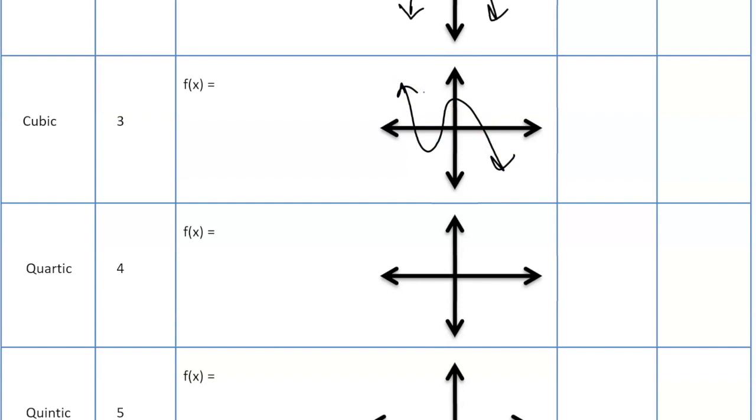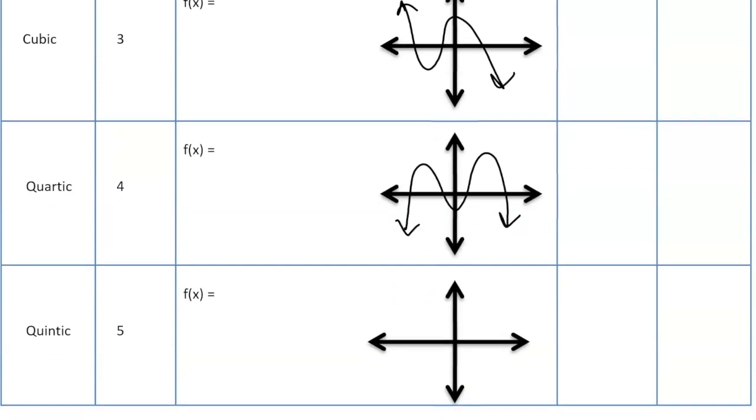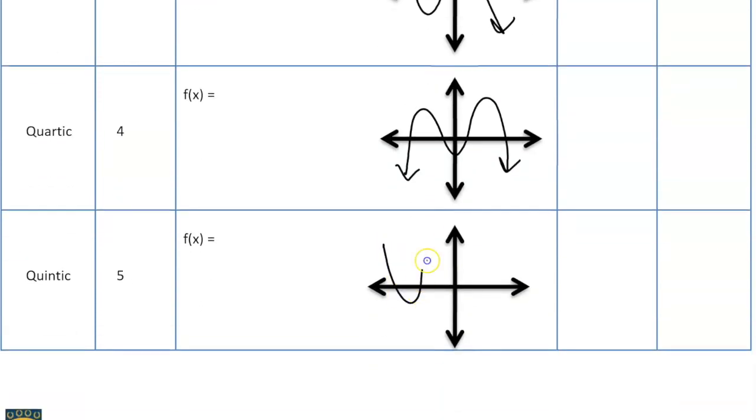A negative 4th degree function, you could probably predict, is going to resemble the letter M. And a 5th degree would be something like that. 1, 2, 3, 4, 5.